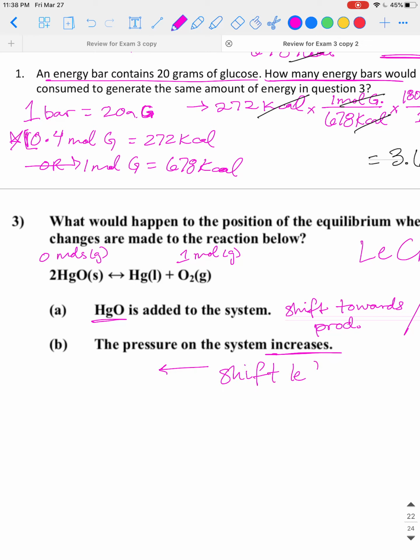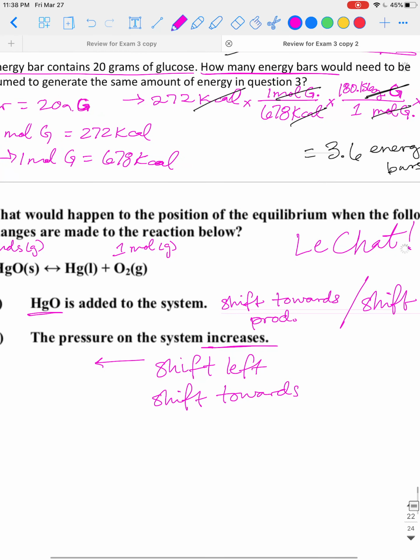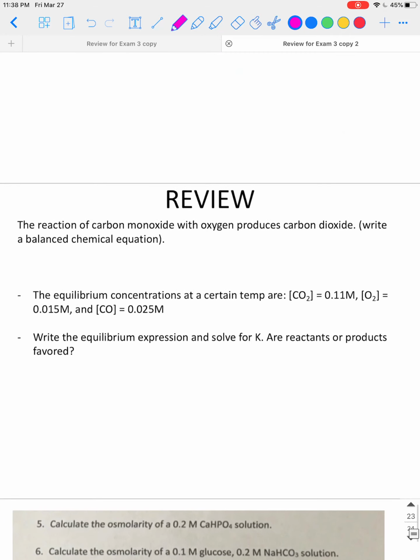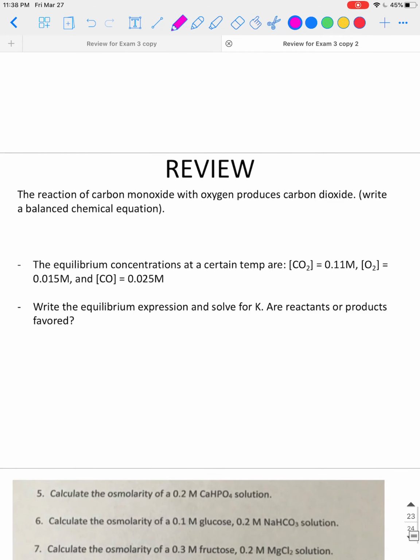So it will shift left, or you could write shift towards reactants. Okay. So that's some more practice with Le Chatelier's principle.